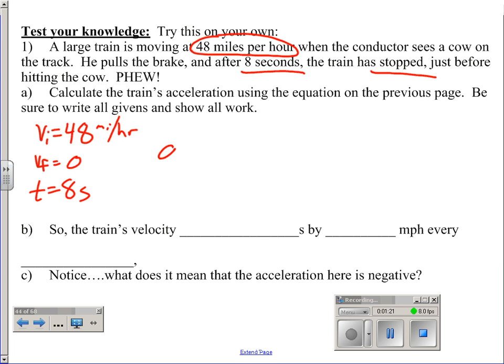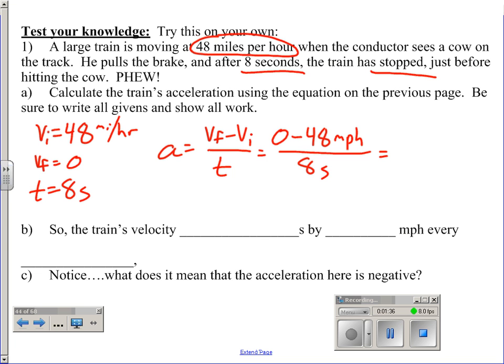So to find the acceleration, it's Vf minus Vi all over t. Our final velocity was 0. Initial velocity is 48 miles per hour. Time is 8 seconds. 0 minus 48 gives you negative 48, divided by 8 gives you negative 6 miles per hour per second.